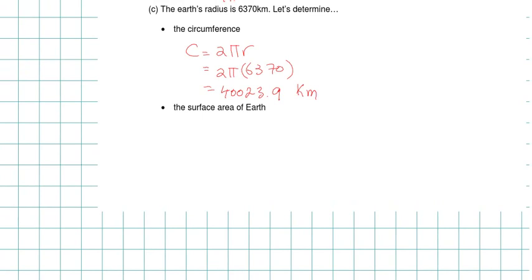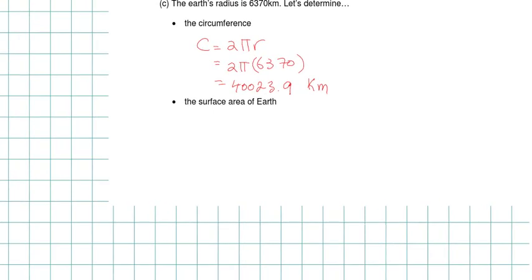If we're going to look for the surface area of Earth, again it's a sphere shape, so we're going to use the surface area formula, which is 4 pi r squared. We're going to plug it in and find the answer.